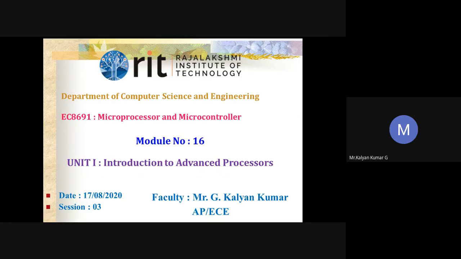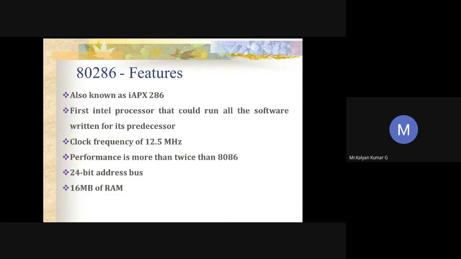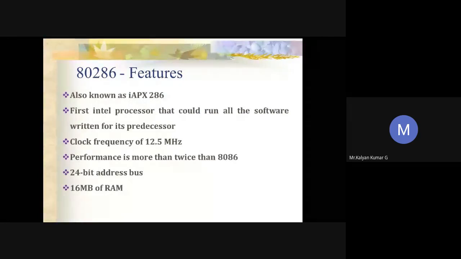Okay, so now we'll move on to another, more advanced processor, the 80286. As I said earlier, 80286 was introduced in the year 1982, almost the same year as 80186. It's also known as the iAPX286 processor.